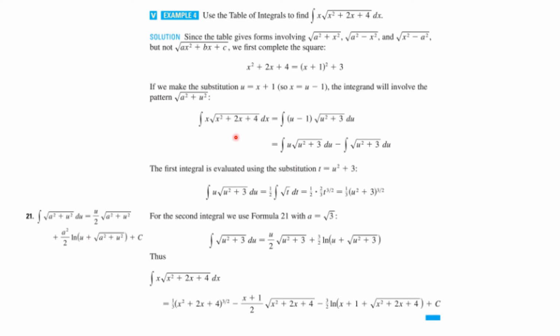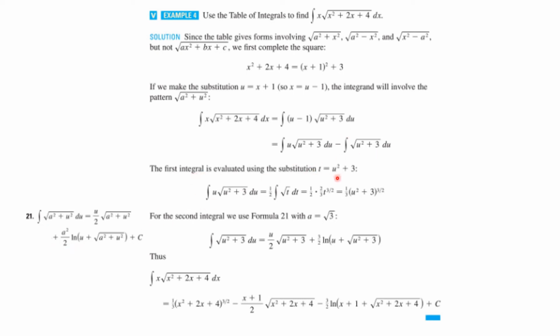So this is the indefinite integral of x times the square root of x squared plus 2x plus 4 dx. And after we do this u substitution, we get this. And then we write it as this. So you see, now we have something that matches up with these.